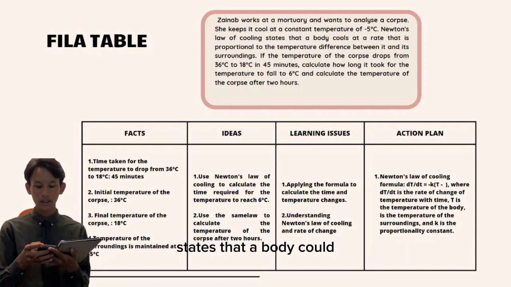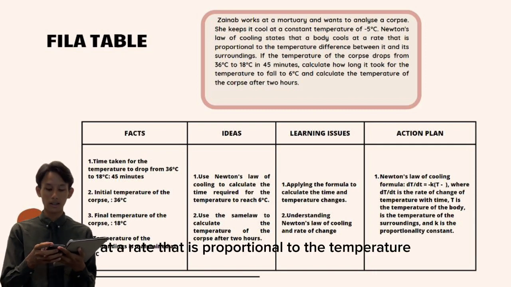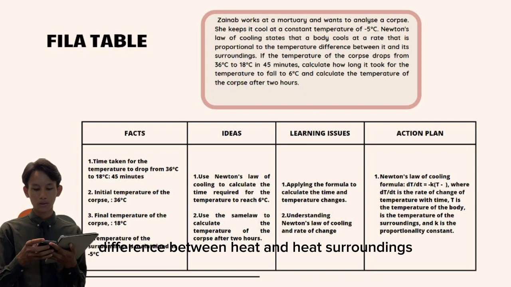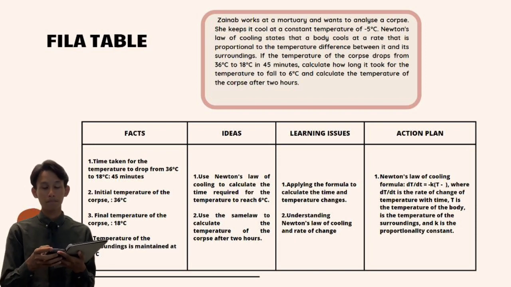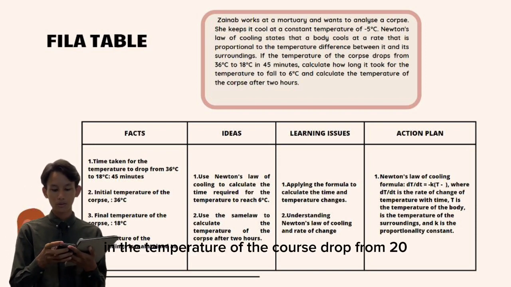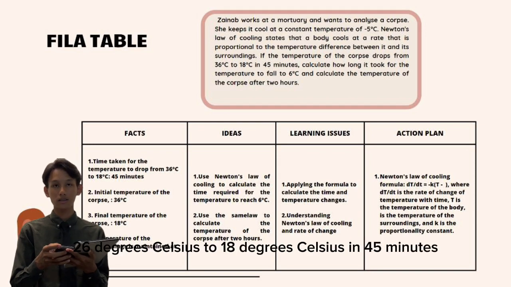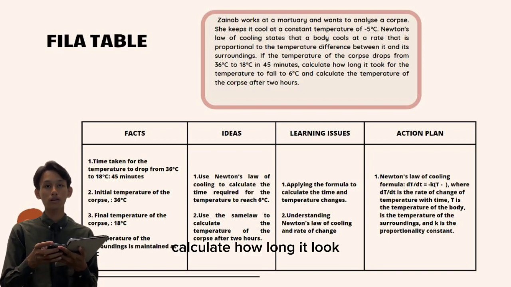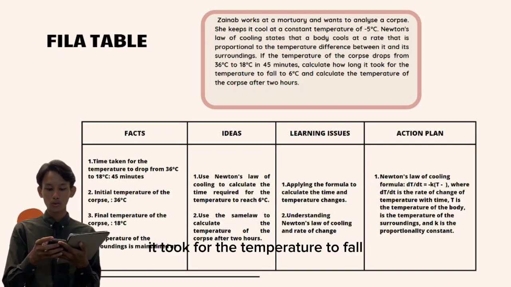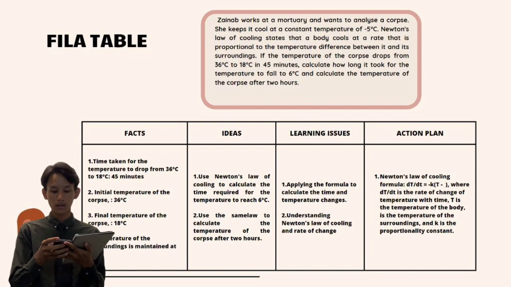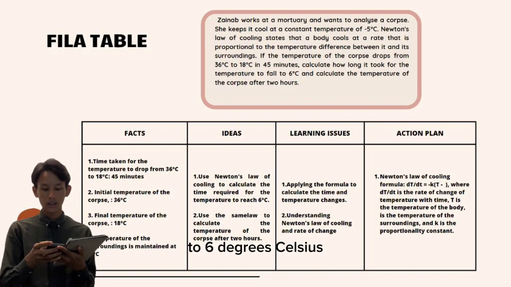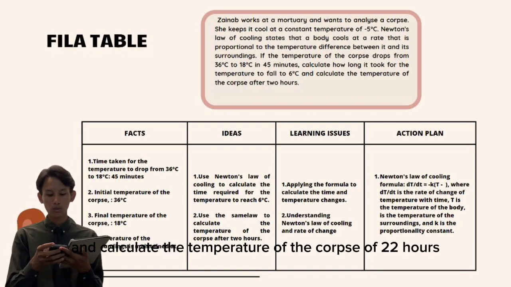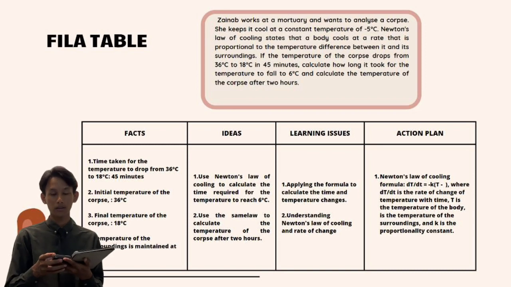Newton's law of cooling states that a body cools at a rate that is proportional to the temperature difference between it and its surroundings. If the temperature of the corpse drops from 36 degrees Celsius to 18 degrees Celsius in 45 minutes, calculate how long it took for the temperature to fall to 6 degrees Celsius and calculate the temperature of the corpse after 2 hours.